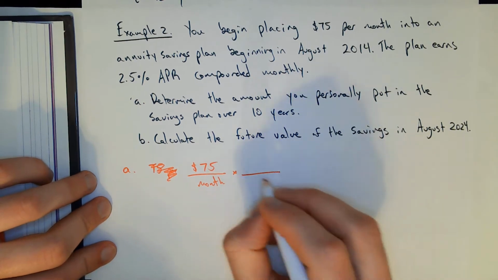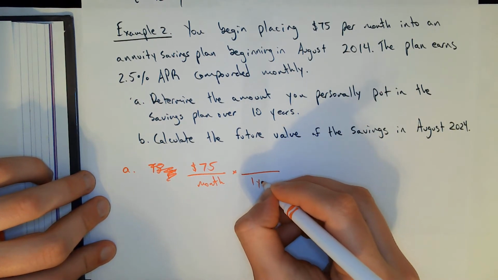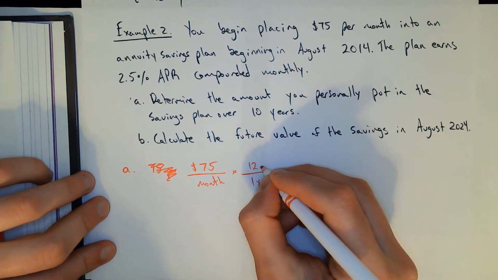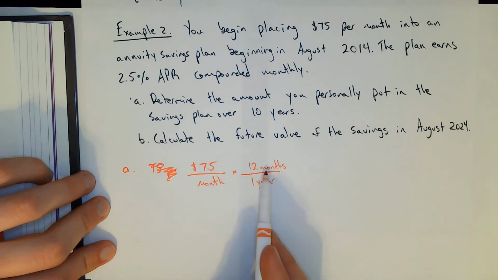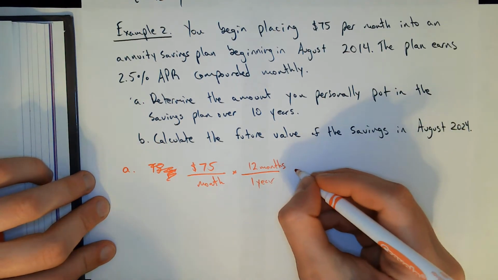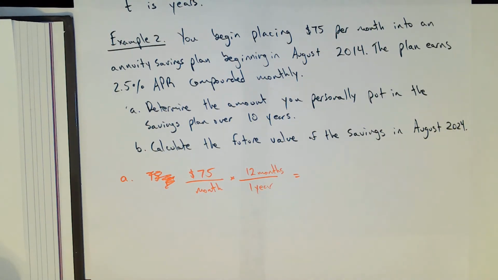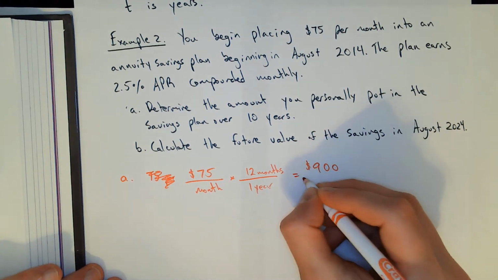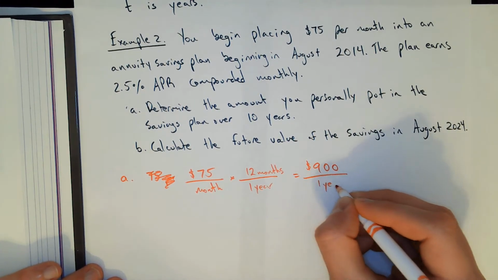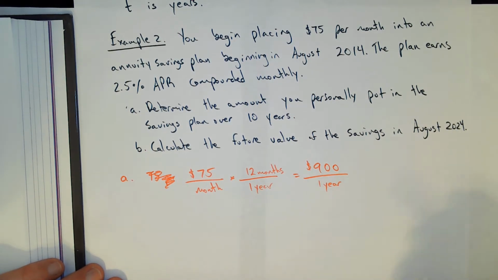If I want this measured in years, then 1 year is equal to 12 months. I want months to cancel out, so I'll just be left with years. And 75 times 12 will give me $900 per year.